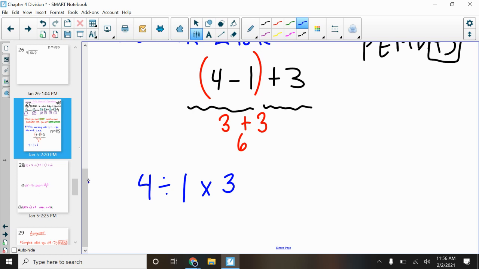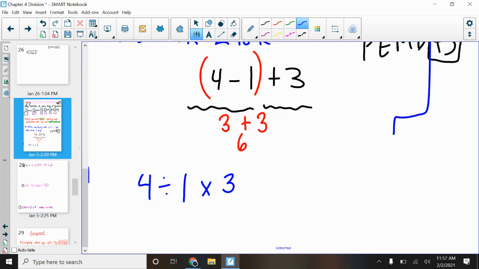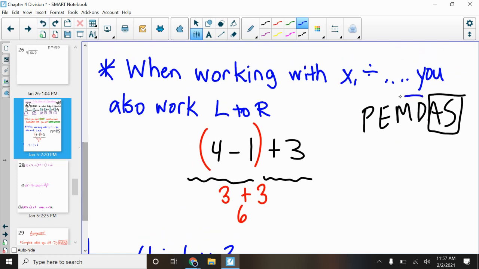Well, this blue stuff up here tells me that when working with multiplication and division, you also still work left to right, because multiplication and division are also kind of a package deal. They work in pairs, and you work these things from left to right.